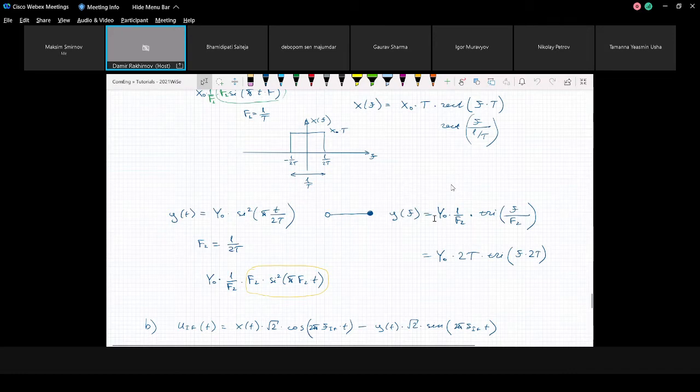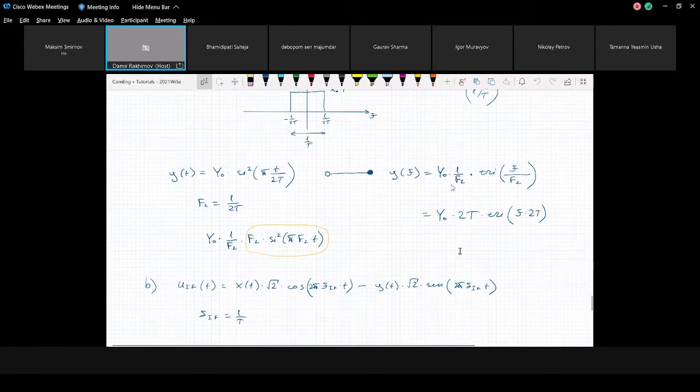After Fourier transform, you will get a triangular shape function. And we made the replacement f2 equals 1 over 2T. And after we calculated the Fourier transform, we get the spectrum in frequency domain: y0 times 2T times triangular function of f times 2T. It was our signal.